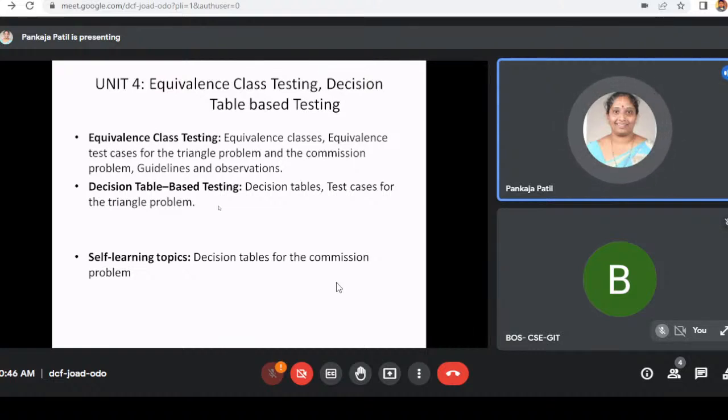So if the condition is satisfied, what action is to be carried out, that is to be written as part of the table. So that is called decision table based testing. So here a decision is to be made and an action is to be taken in one program. How many such decisions you are going to make, and what are the different actions you are going to take, that is to be recorded, and that is called decision table based testing.